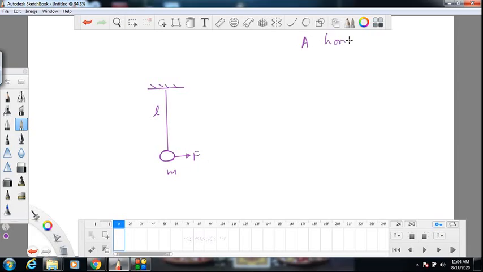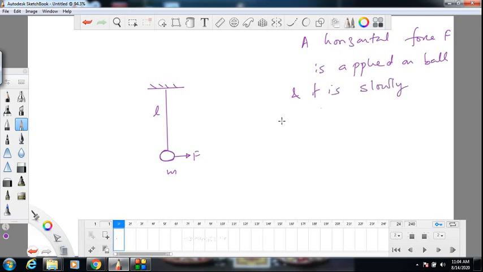A horizontal force F is applied on the ball, and it is slowly displaced by an angle theta.